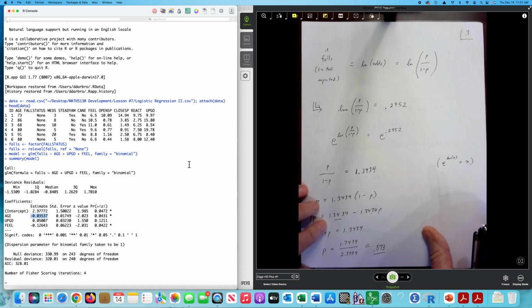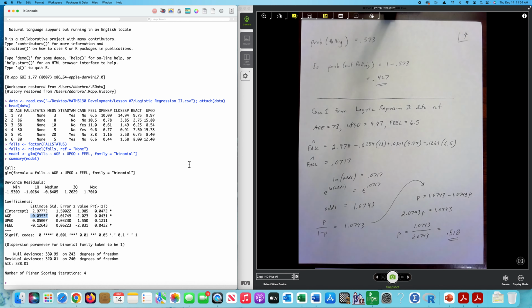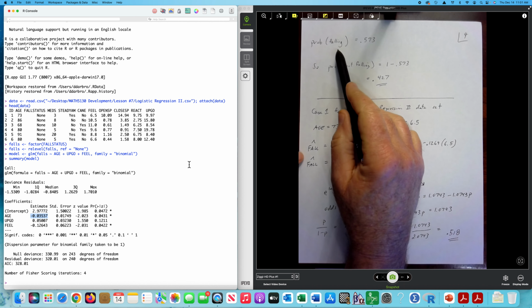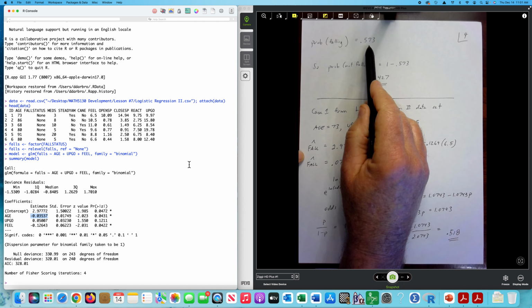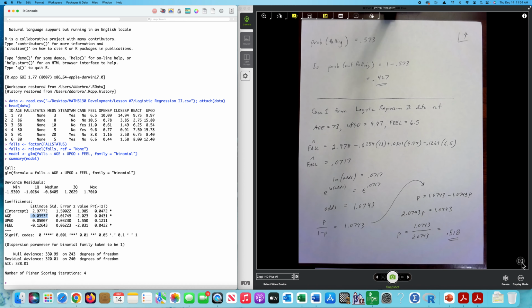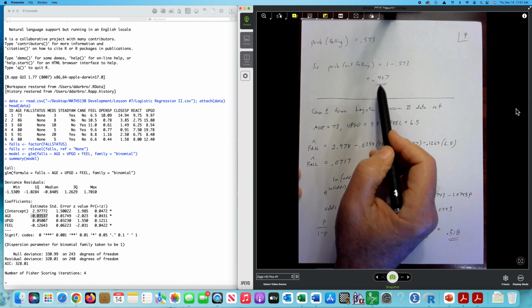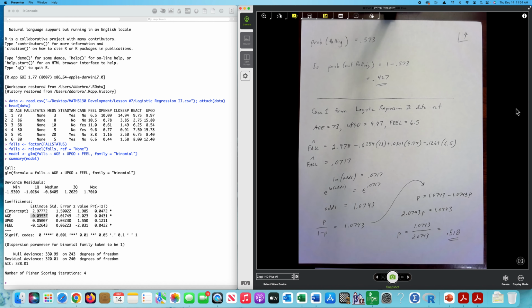So the probability of not falling would just be 1 minus the 0.573, or 0.427.